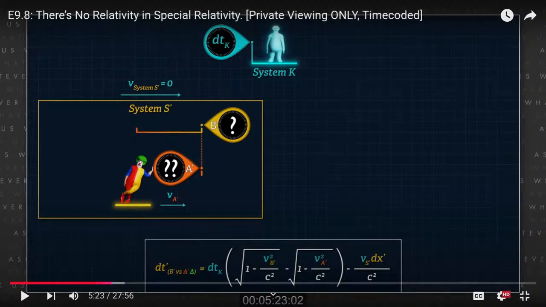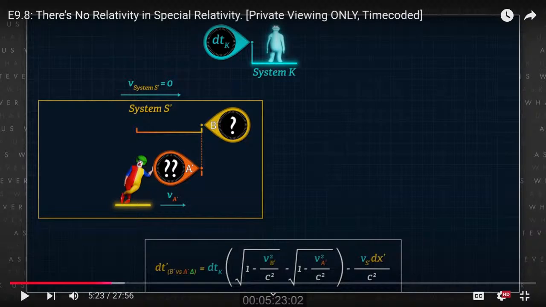So the overall formula here for the difference between the readings on clock A prime versus B prime at the end of this movement will be the elapsed time on the system K clock times the inverse of the Lorentz factor for clock A, minus the inverse of the Lorentz factor for clock B, and then also this clock adjustment, taking into account that clocks A prime and B prime were not reporting the same reading at the beginning of the movement.